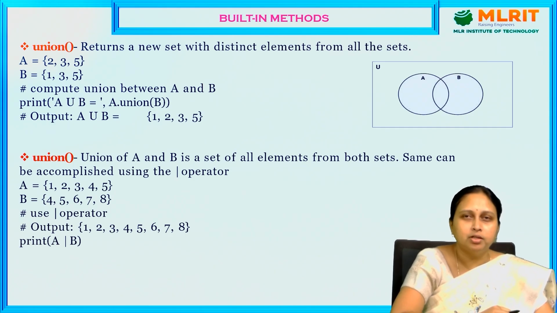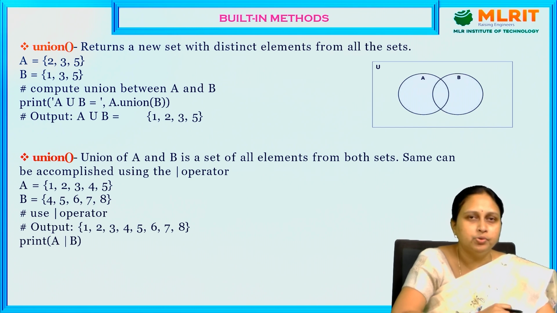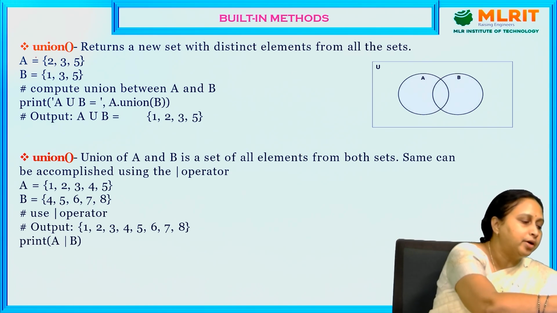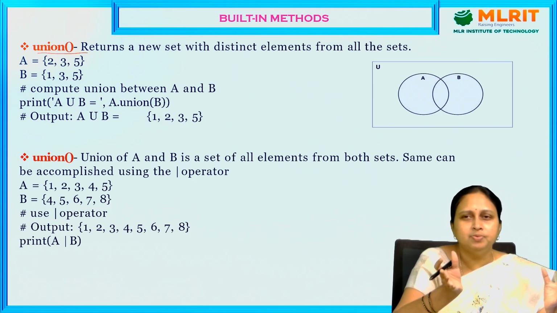And the next one, we have some more important built-in functions. How we are going to use them in Python and define them with an example, we will see. Here we have the union function. Union, as we know from mathematics, means we are going to combine.